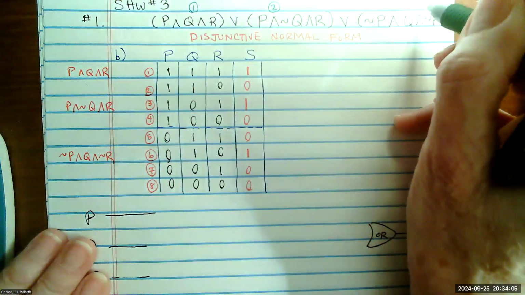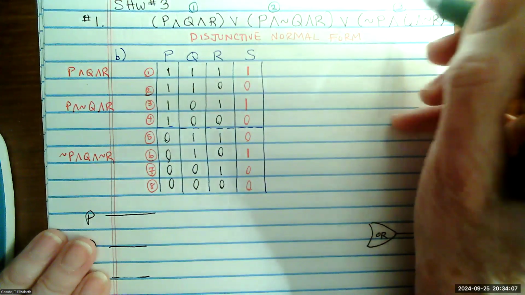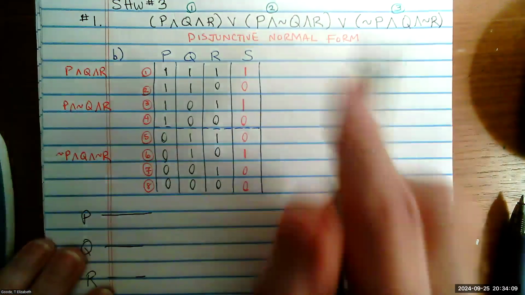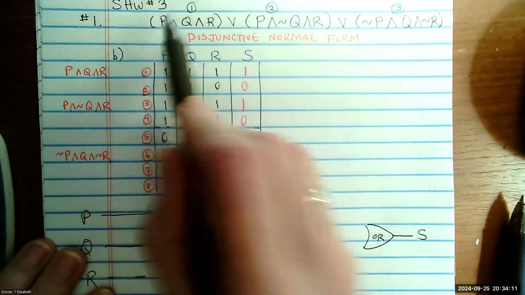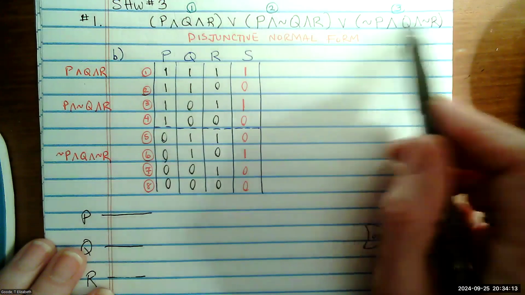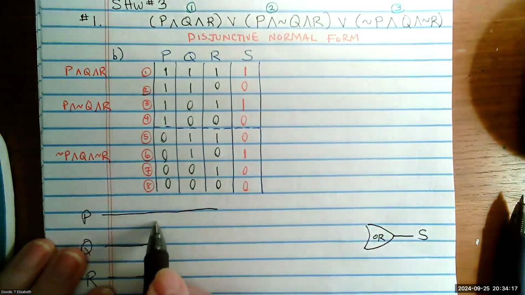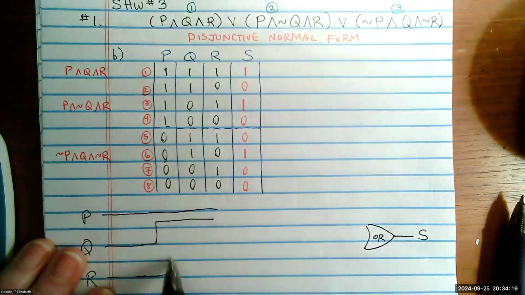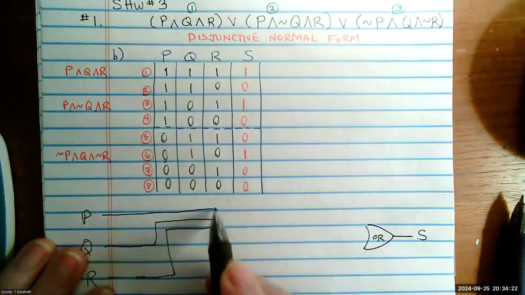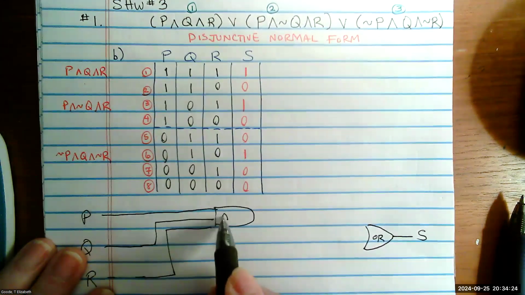We want a 1 if it's P and Q and R, or if it's P and not Q and R, or if it's not P and Q and not R, see? So we know we're going to have an AND gate for this situation, an AND gate for this, and an AND gate for that. So you can just bend the wires and bring them all close together and run them through an AND, and that's situation 1 right there.